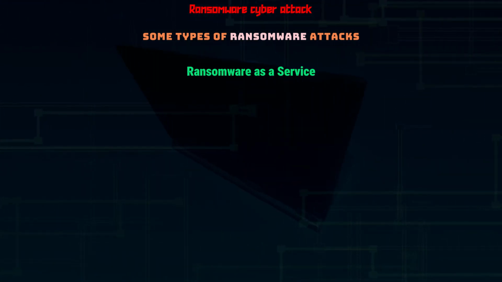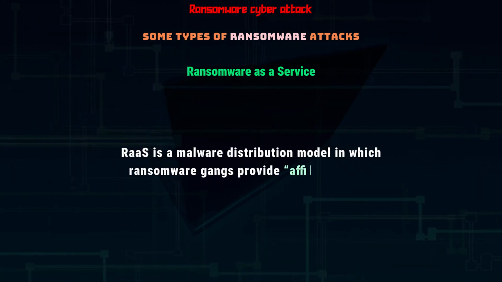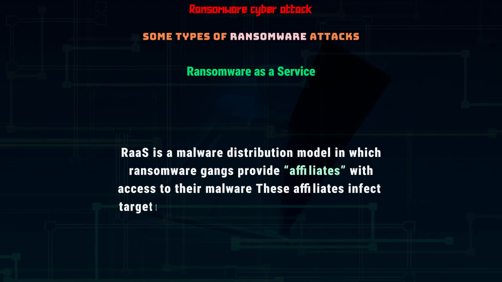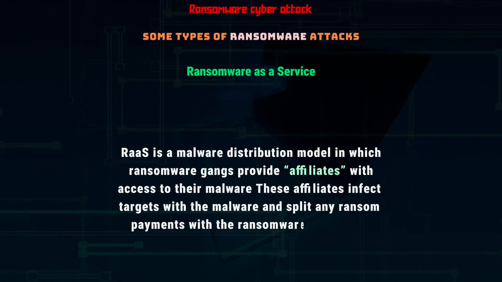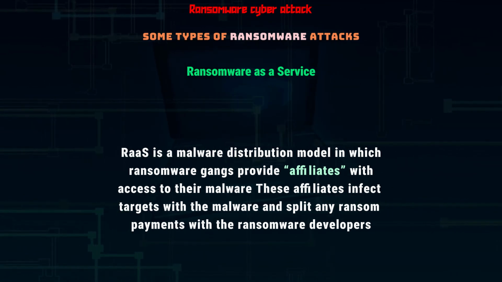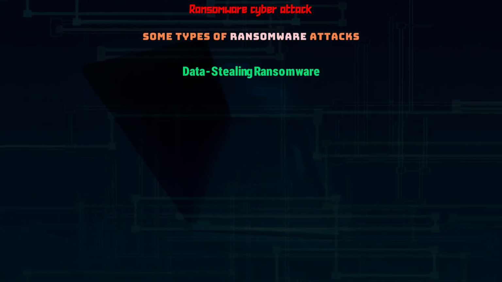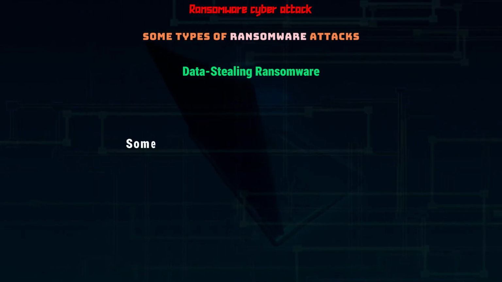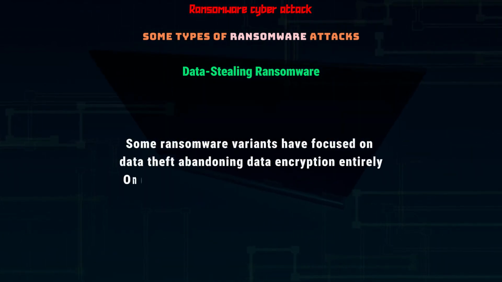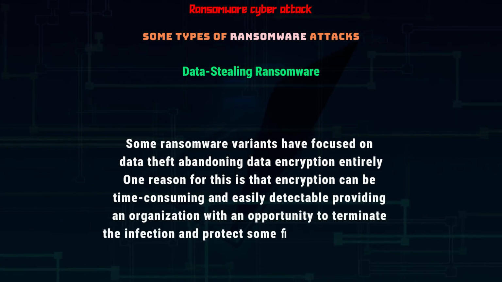Ransomware as a Service (RaaS) is a malware distribution model in which ransomware gangs provide affiliates with access to their malware. These affiliates infect targets with the malware and split any ransom payments with the ransomware developers. Data stealing ransomware. Some ransomware variants have focused on data theft, abandoning data encryption entirely.